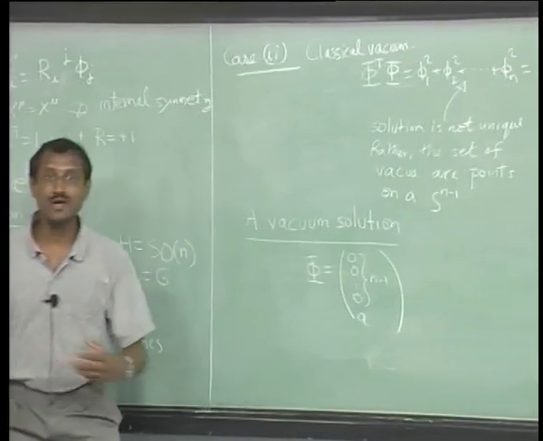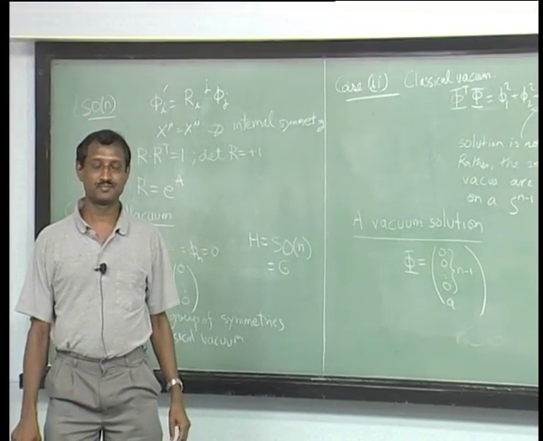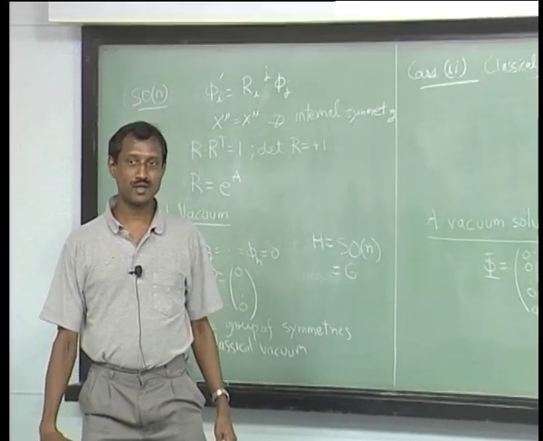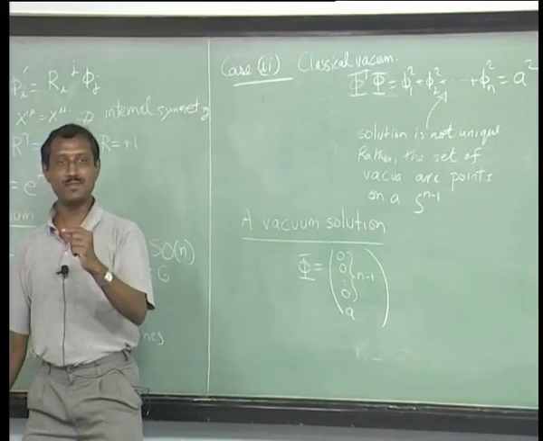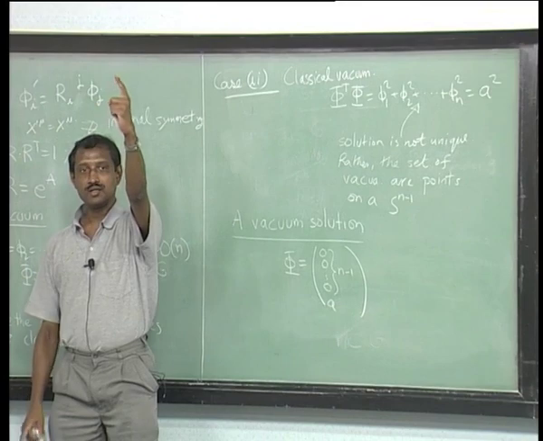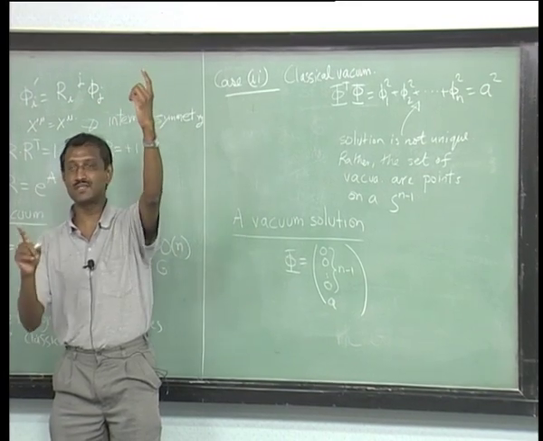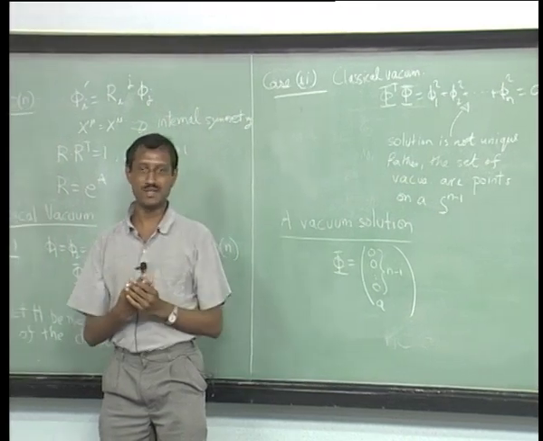Now, the question is, what is the subgroup which preserves this? It is SO(n minus 1). Let us take 3 dimensions. If you pick a direction, the subgroup of rotations which preserves it is the rotations about that axis.